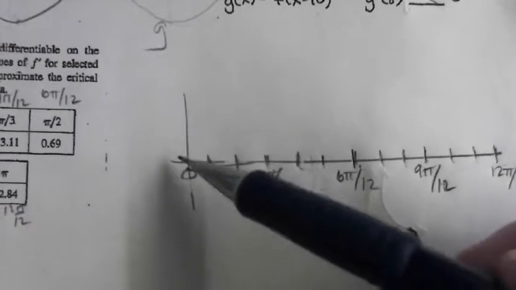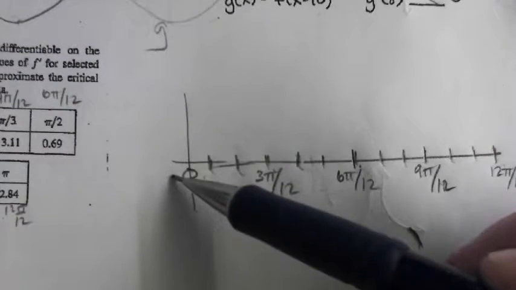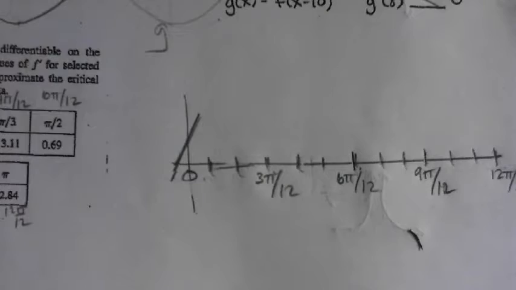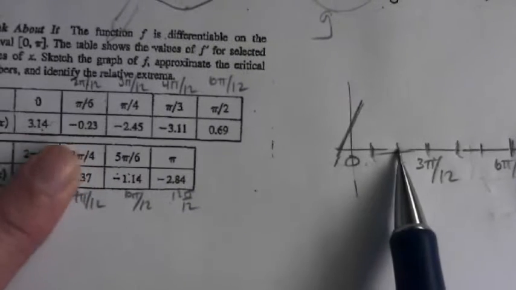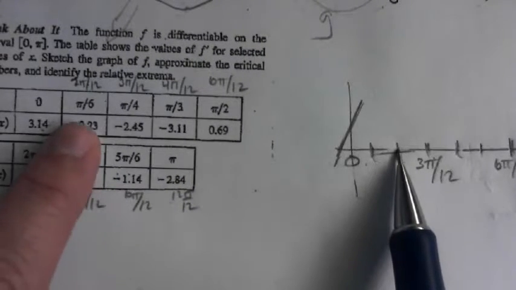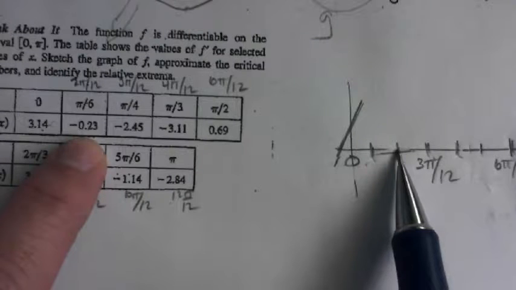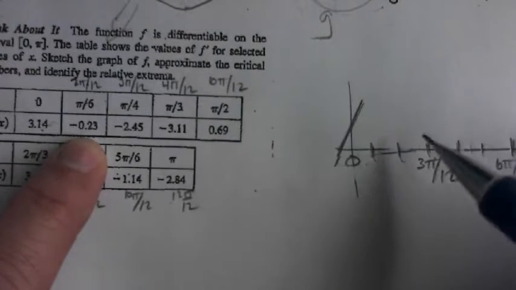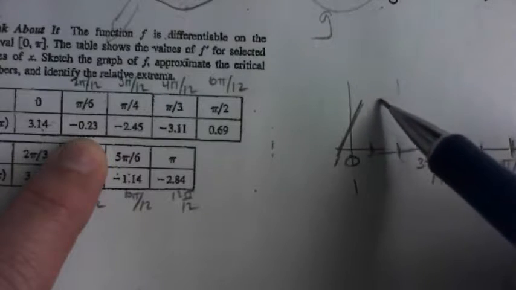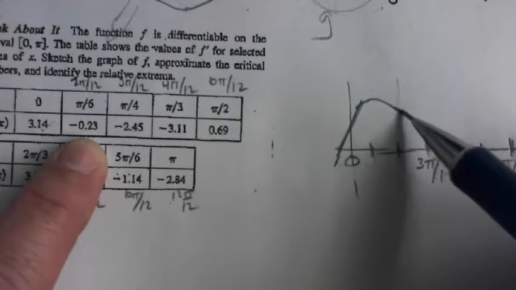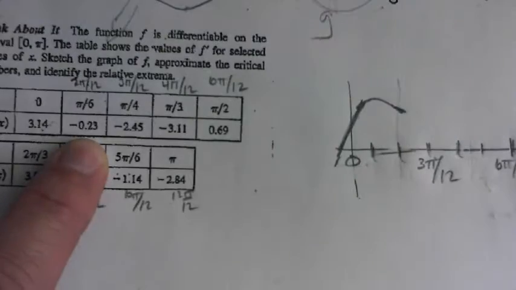All right, so right at 0, we have a pretty positive slope. At 2 pi over 12, we're slightly negative, which means we probably just turned the corner, right? So by pi over 6, we need to be slightly negative, slighter than this was positive.